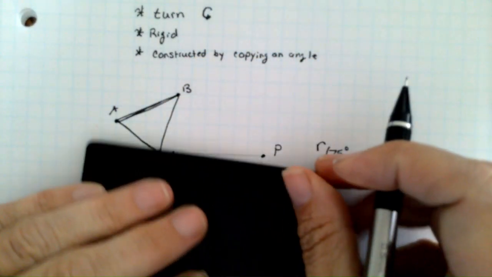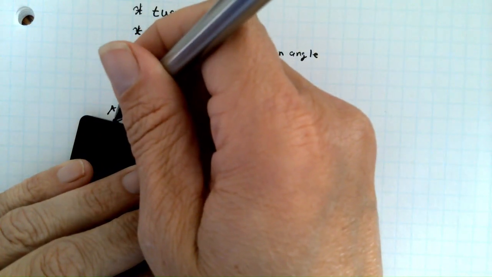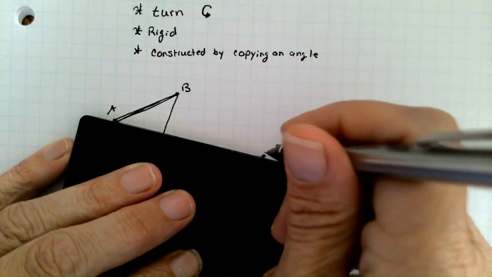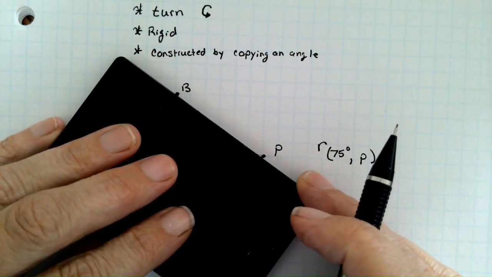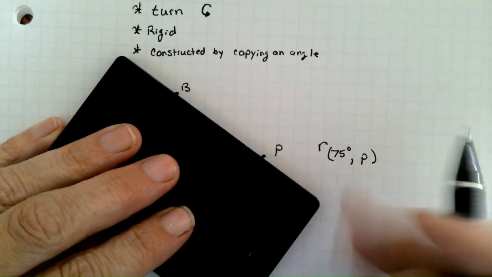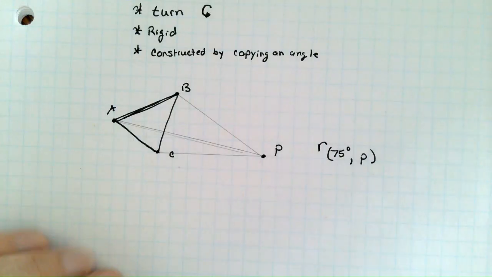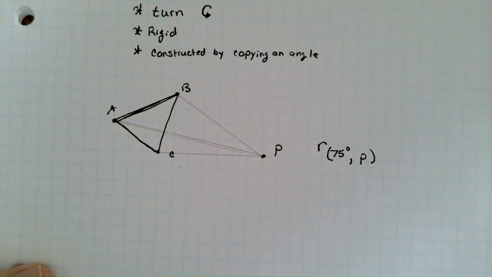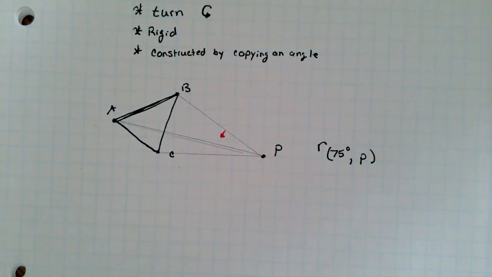I'm going to go ahead and do all three. Okay. And then we're going to need to rotate that direction 75 degrees from each of those three lines.